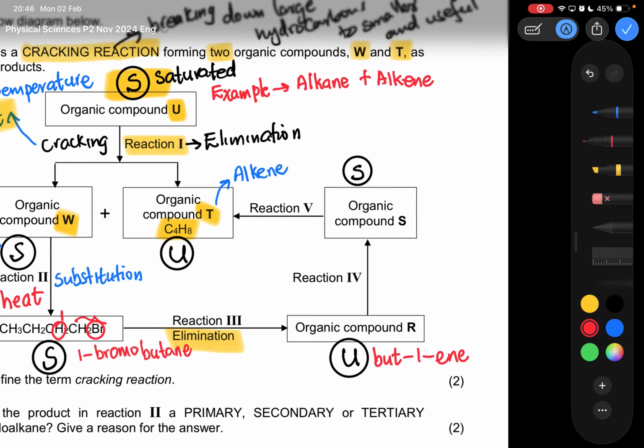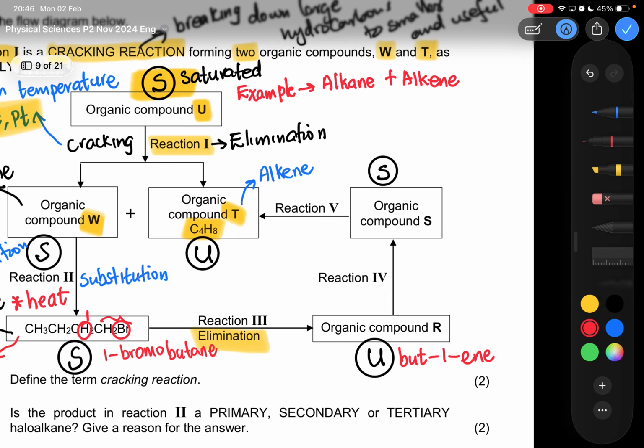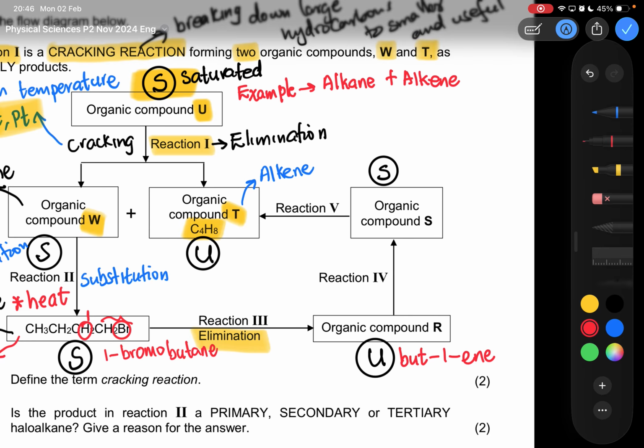And remember what I mentioned. Okay, so it's an elimination reaction. All elimination reactions require heat for them to take place. All of them. And I understand you might ask whether it is strong heat or mild heat, but you don't have to worry whether it's mild or strong. Just know that it's heat. So it's heat, elimination, and what are we eliminating?